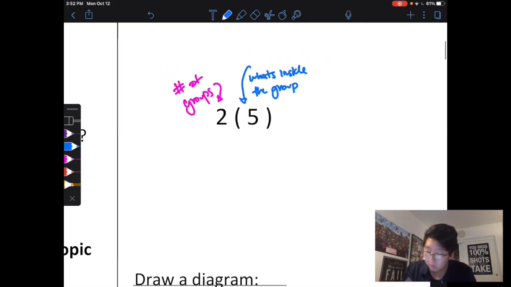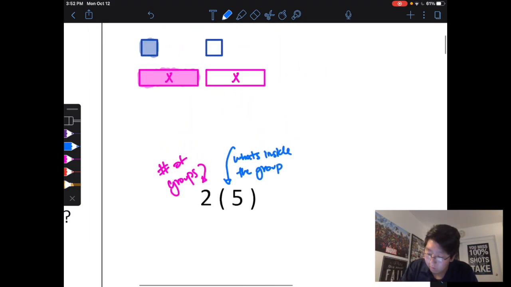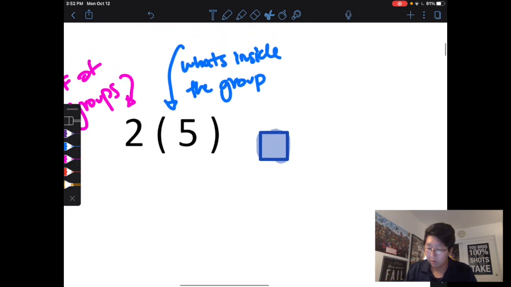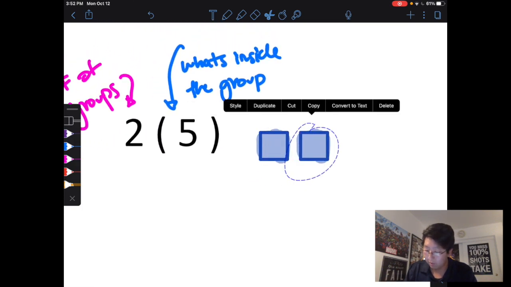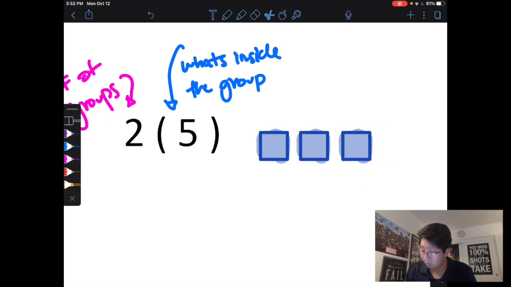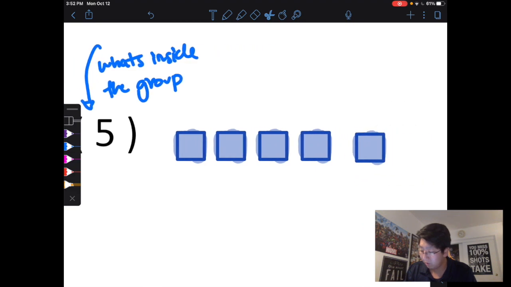So I'm going to draw 5 of these. I'm going to duplicate this, and make 2, 3, 4, duplicate, 5. So here's one group of 5.